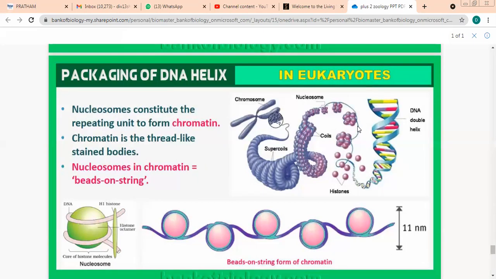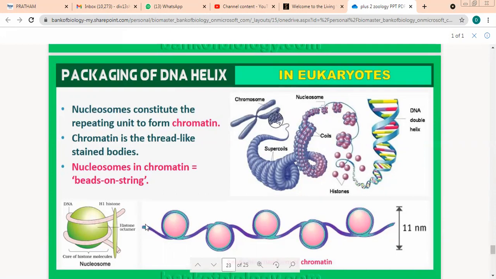Chromatin fibers. And on chromatin fibers you have these bead-like structures, which are called nucleosomes. And nucleosome, you know, is histone octamer and DNA.